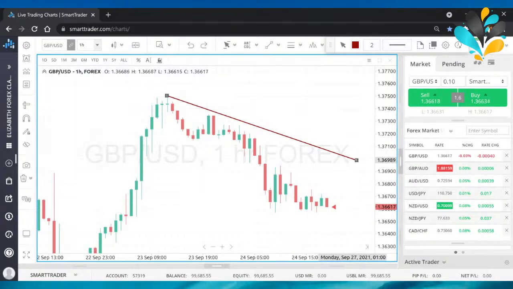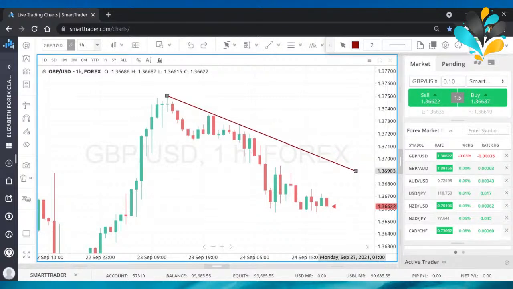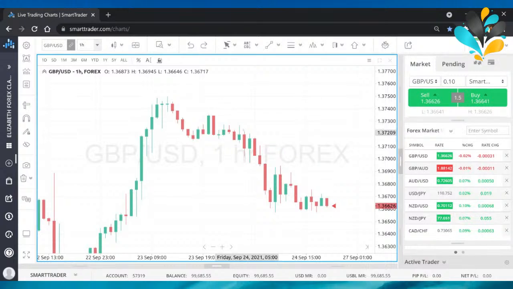If you want to edit where the line ends, then you would just select the square on the right and pull it down, or just move it around however you need to until it is where you want for it to be. You can select it and select delete. You know it's selected when you see the square show up on the ends, and then select the trash can.